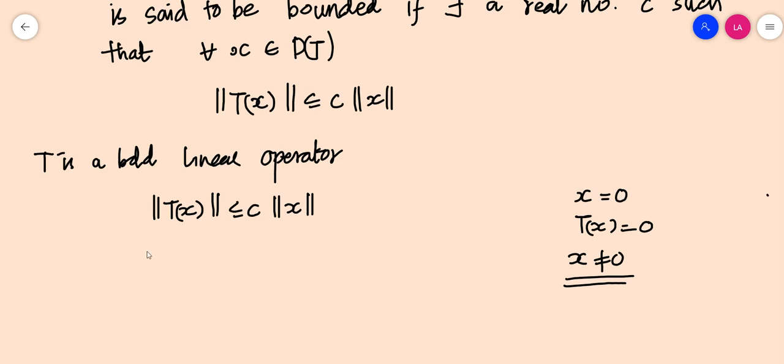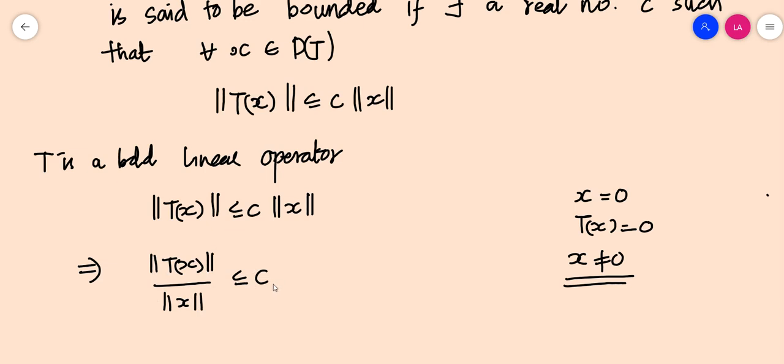This inequality implies that the norm of Tx divided by the norm of x is less than or equal to C. This is possible since we have considered that x is not equal to 0; if x is not equal to 0, the norm of x cannot be equal to 0. When T is bounded, this inequality should hold. That is, the norm of Tx divided by the norm of x should be less than or equal to C for some C.